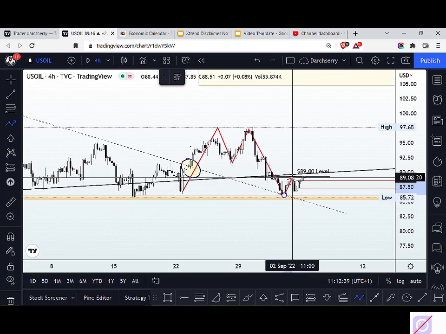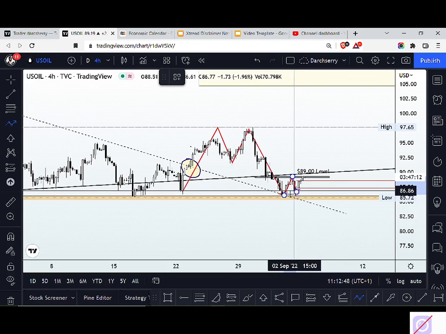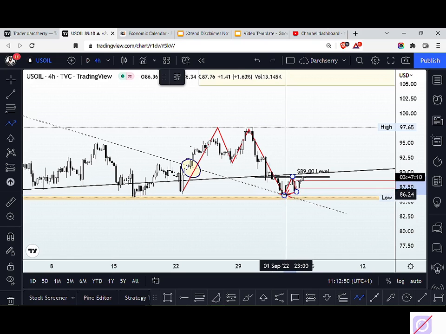We saw price go as far as the $89 level, get rejected at the $89 level, and come back into the $86.50 area. Price was unable to go as low as the previous low, giving us a clue into an evolution into a double bottom structure, which from a technical standpoint is a strong reversal pattern on a higher time frame.